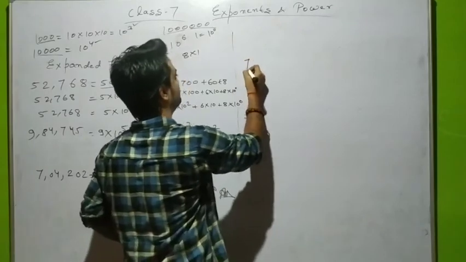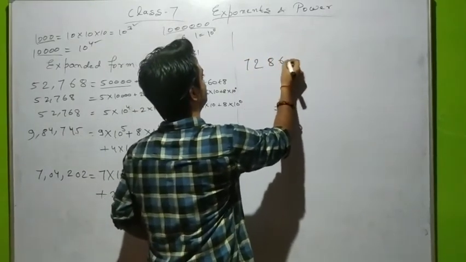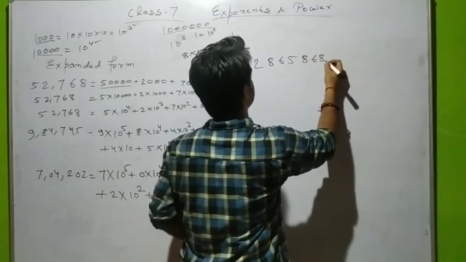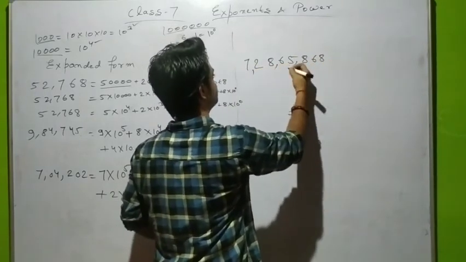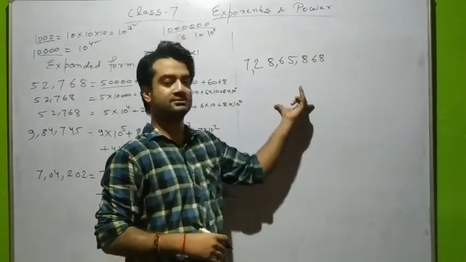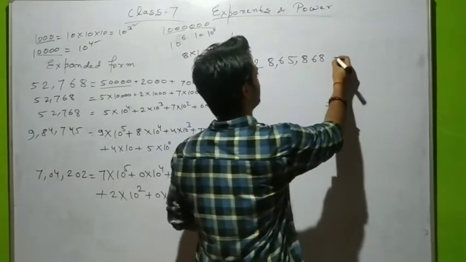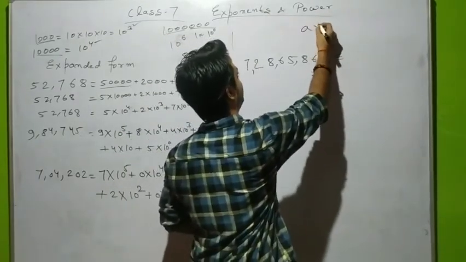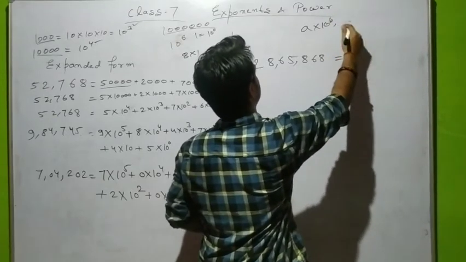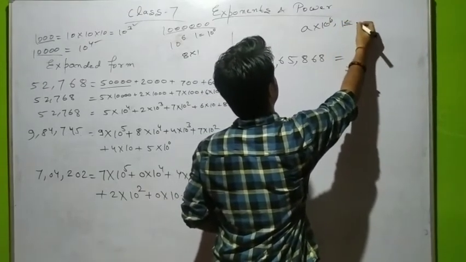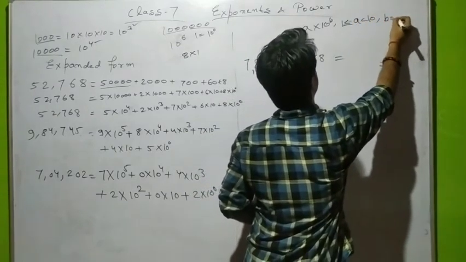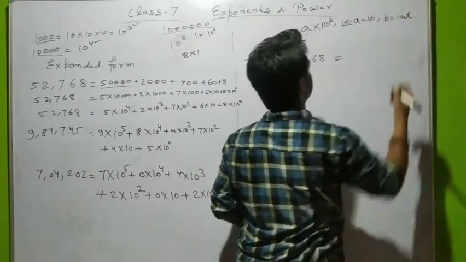Let's solve another example. Suppose the number is 7,28,65,868. Now you have to find out its standard form. Standard form means A into 10 raised to the power B, where A should be greater than or equal to 1 but less than 10, and B should be any integer.